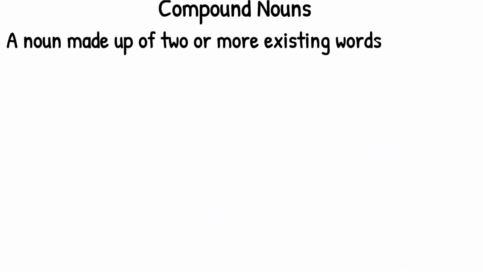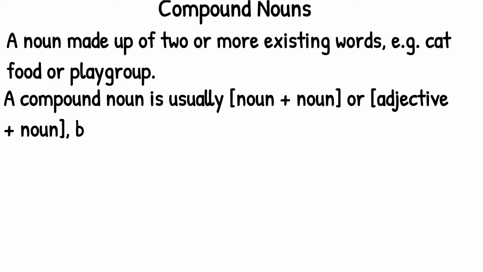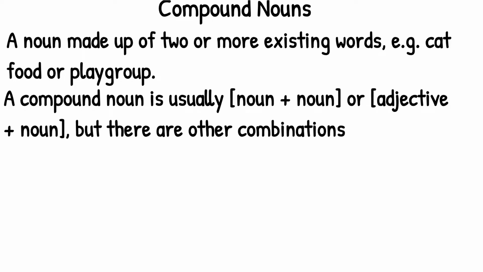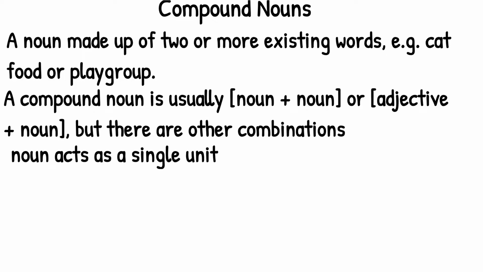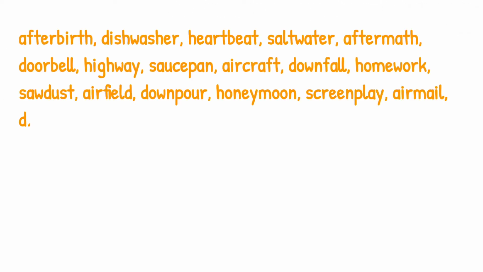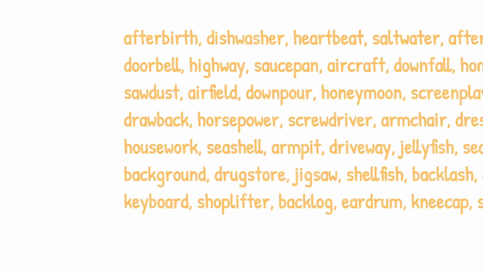Okay, so let's discuss compound nouns. A noun made up of two or more existing words, for example, cat food, or playgroup. A compound noun is usually noun plus noun, or adjective plus noun, but there are other combinations. Pause the video and have a look at these examples.